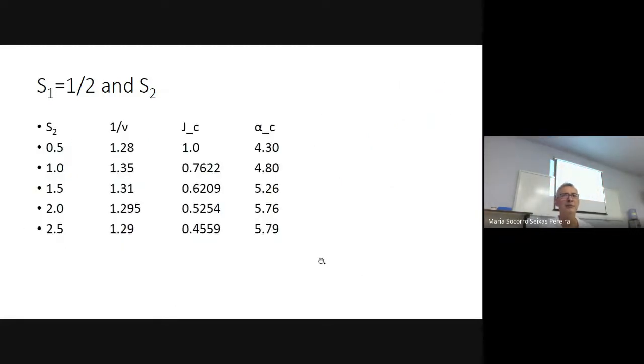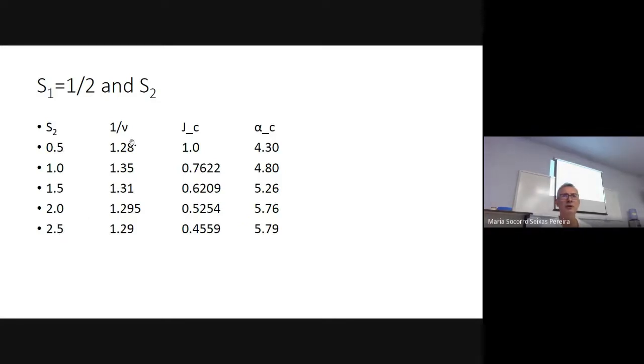Here is a table where we change one of the spin sizes. Keeping one spin as a spin 1/2 and the other spin S2, we consider the values from 1/2 to 5/2.